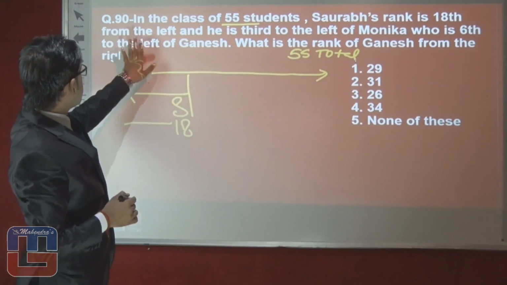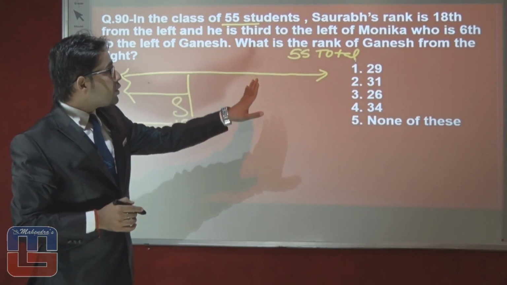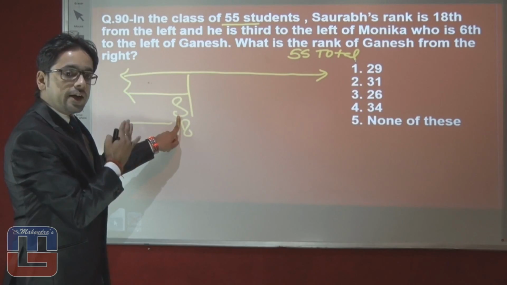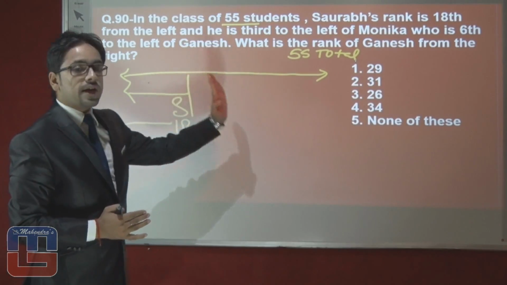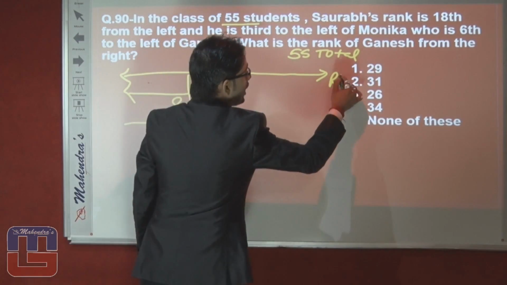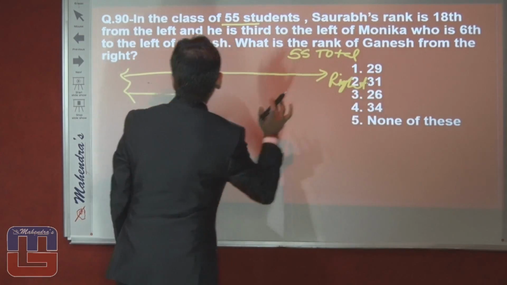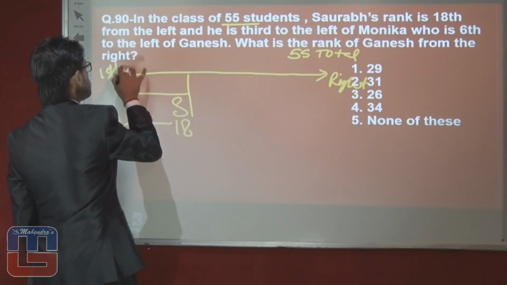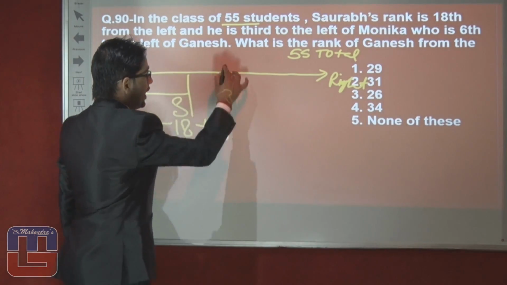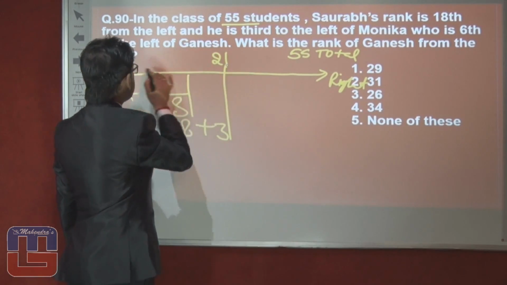Next, he is saying that he is third to the left of Monika. If Saurabh is third left of Monika, it means Monika is third to the right of Saurabh. For right you have to move towards this side, and for left you have to move towards this side. Monika is third to the right of Saurabh, so we have to add 3, which will be 21.